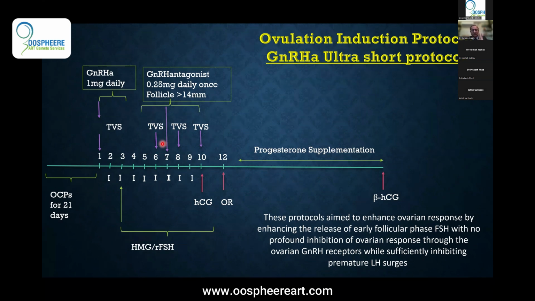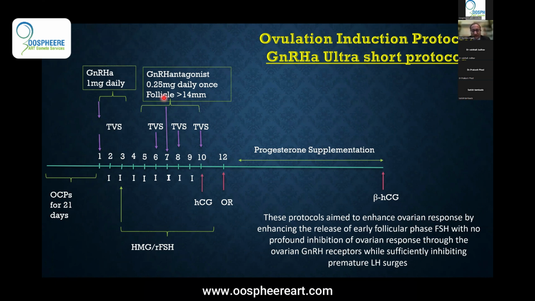And then on the fifth or sixth day, either you can use a fixed protocol where you start the antagonist 0.25 milligram daily, or you can go for flexible. When the follicle reaches 14 millimeters, then you can start the GnRH antagonist. So here it's like agonist plus antagonist, but we have used the agonist for more recruitment by using its pituitary surge effect, and down regulation is by the antagonist.